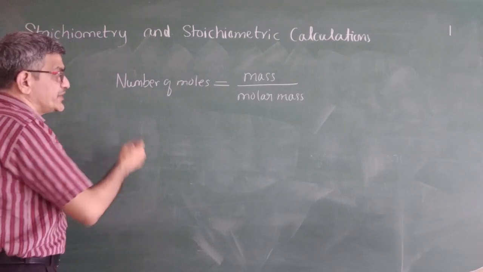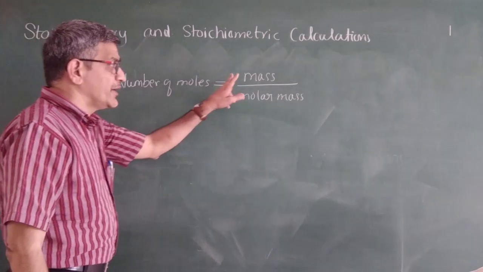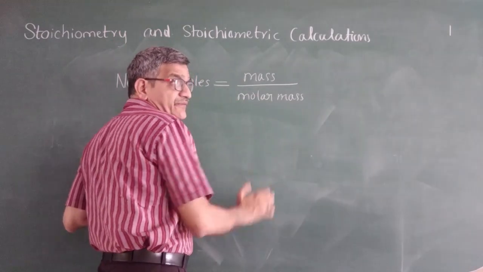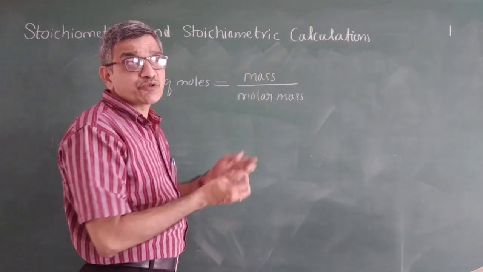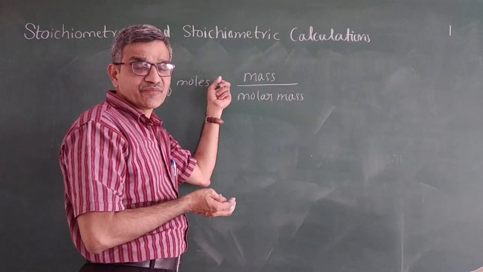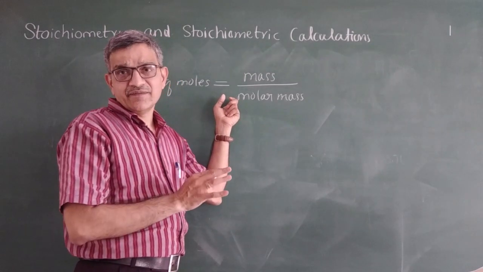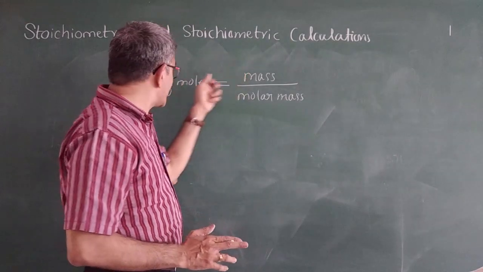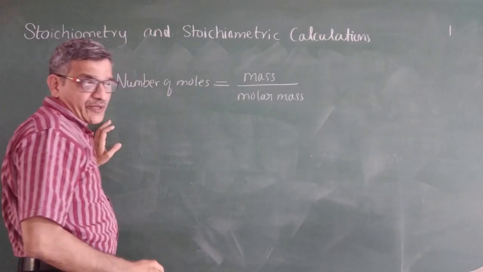The mass is the given weight, divided by molar mass. For example, the molar mass of carbon dioxide is 44, and the mass is whatever you take: 2.2 grams, 0.5 grams, 1 gram, 3 grams. Molar mass does not change; the molar mass of carbon dioxide is always 44 only. The molar mass of water is 18, it does not change, but the mass changes. So based on that we can calculate the number of moles. Number of moles equals mass divided by molar mass.